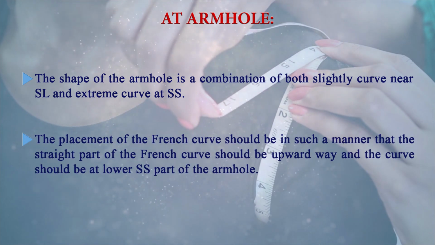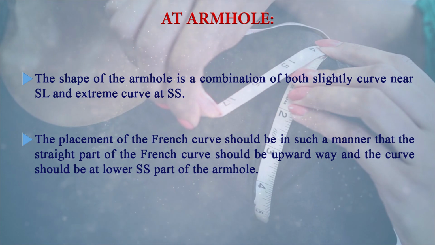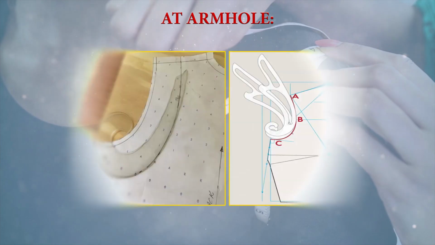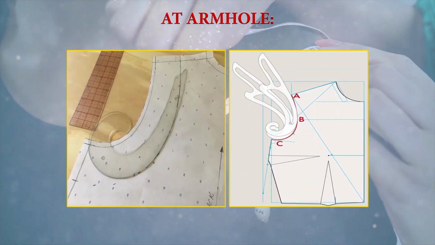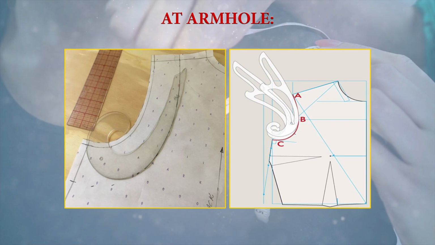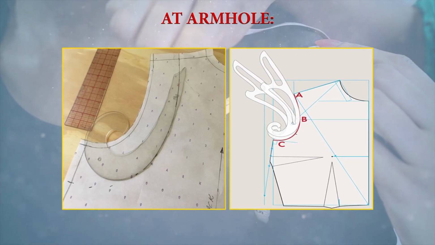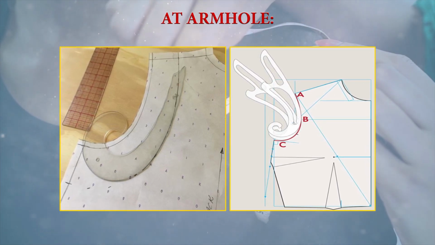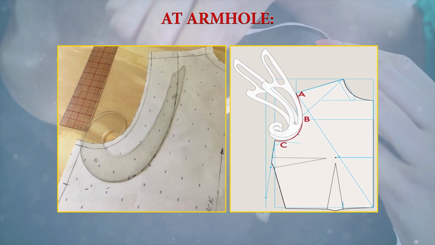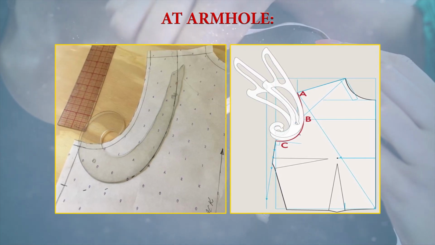So the placement of the French curve should be such that the straight part of the French curve is upward, away, and the curve is at the lower seam side part of the armhole. As you can see in the picture, in the neckline the curve part is there, but at the armhole you can see the extreme round part is put on the armhole, and then we make the round shape with that.